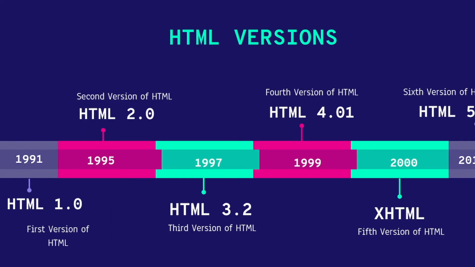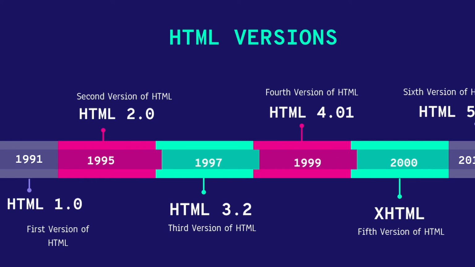Since then, the versions of the HTML markup language have evolved. You can think of the first version, which was launched in 1991, as version 1.0.